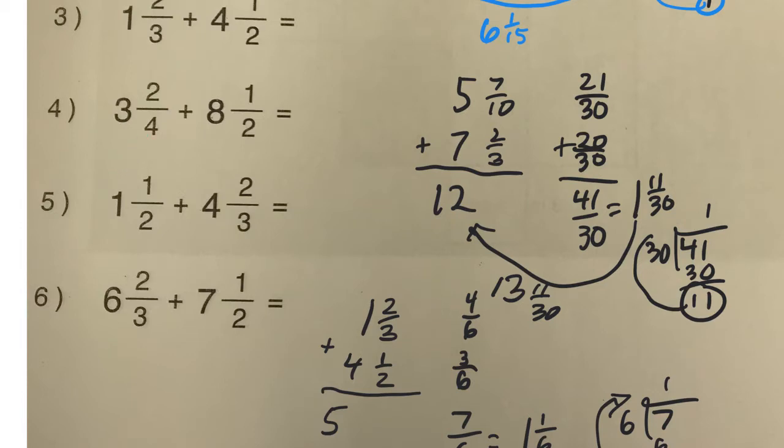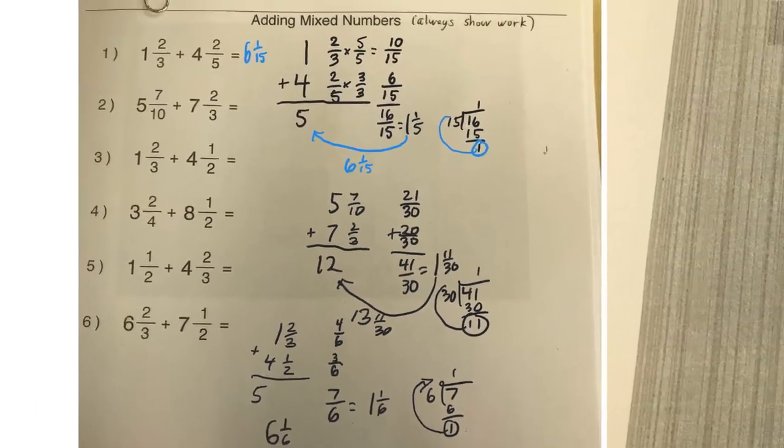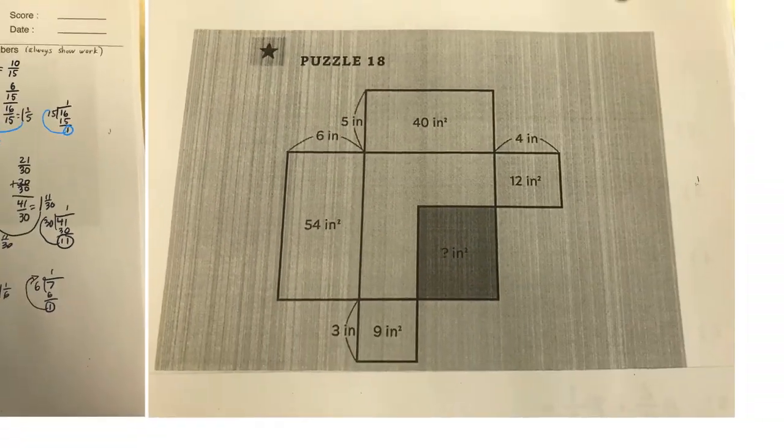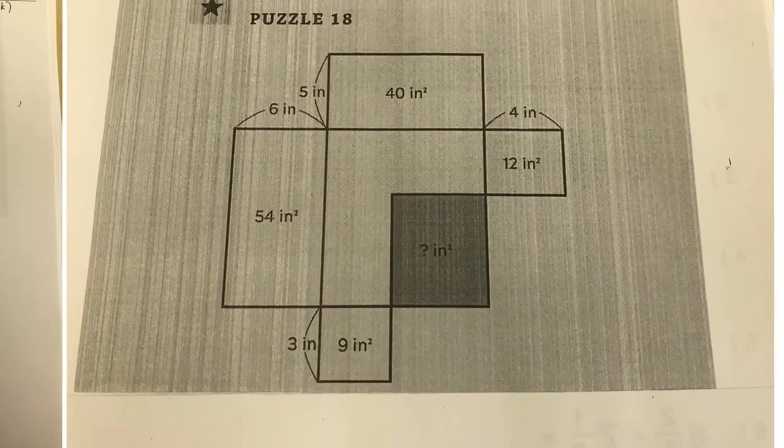Let's take one quick look for my class. I'm going to give you a challenge puzzle, which looks like this. Can you figure out the area of this box? So let me get you started if you need some help here. Just figure out what you can figure out. So I know over here, if this one is 12 square inches and this is 4, this side must be 3.